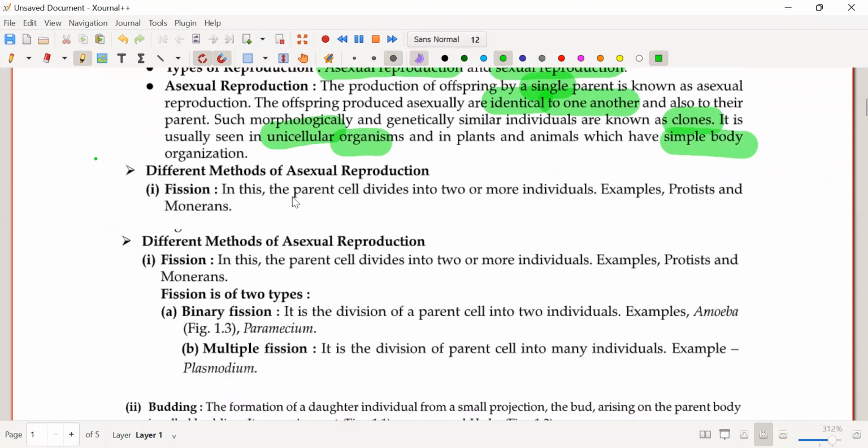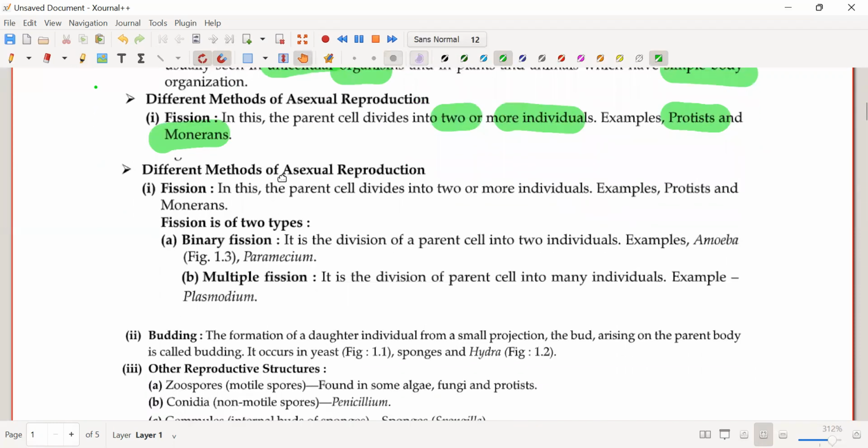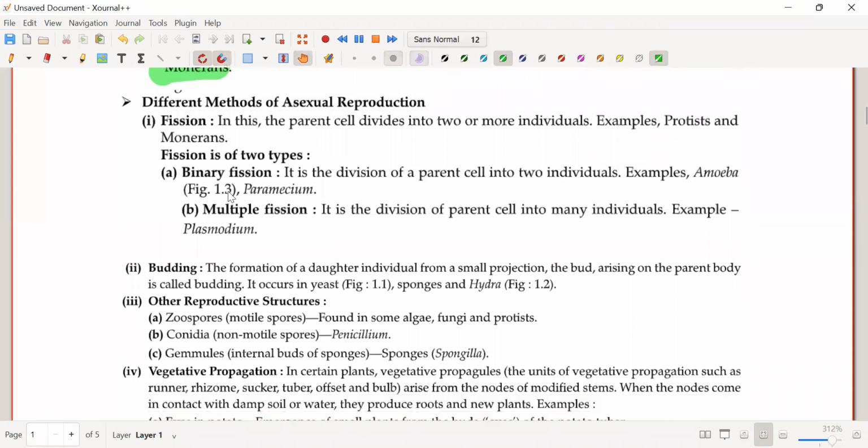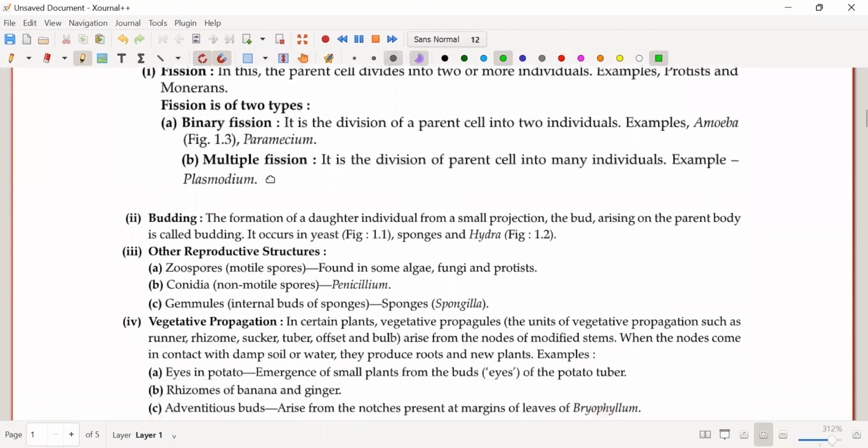Fission. In this, the parent cell divides into two or more individuals. Example, protists, monerans. Different methods of asexual reproduction. First, fission. Fission is of two types.